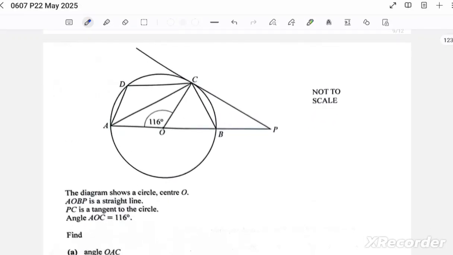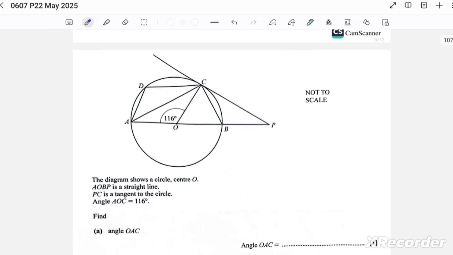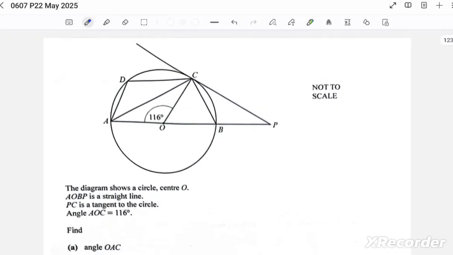Okay, next question is about circle theorems. So the first question is angle OAC. How to find OAC? OAC, this one. As you see in this question, OA is a radius and OC is a radius as well.